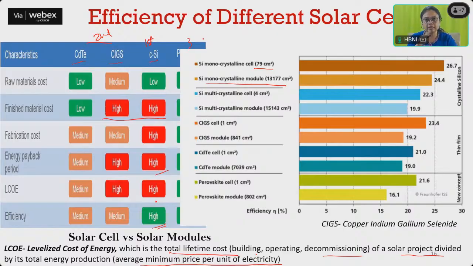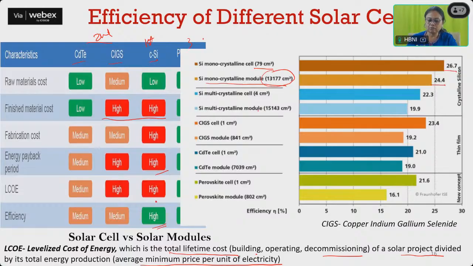In the first slide I have shown what is a photovoltaic cell, what is a panel, and what is a module. And this is the area. So the efficiency for a single cell of silicon monocrystalline is around 26%, but when it is made into a module, it decreases to 24.4, or around 25%.